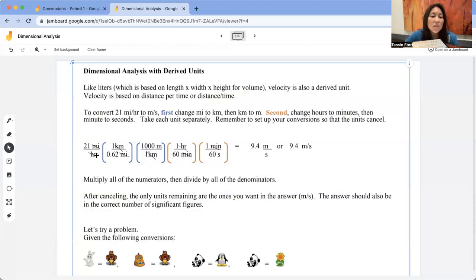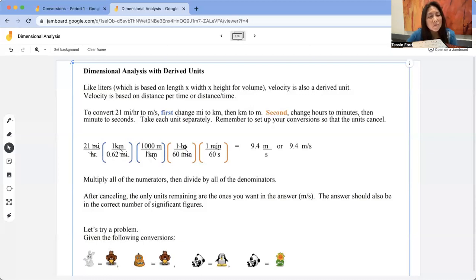So then we can focus on the hours, and we want to cancel the hours and eventually turn into seconds. So then hours goes on the bottom because it's miles per hour, means per is like bottom, divided, or miles divided by hour. And so hours on the bottom, and then it's over here. Okay, second. So then we want to get rid of the hours. So we put it again, opposite.